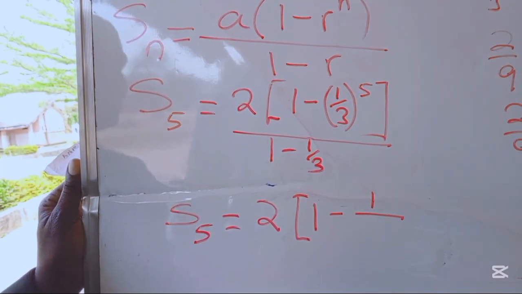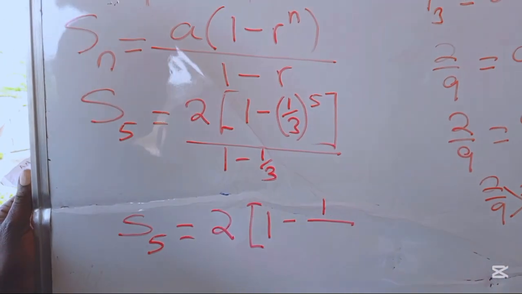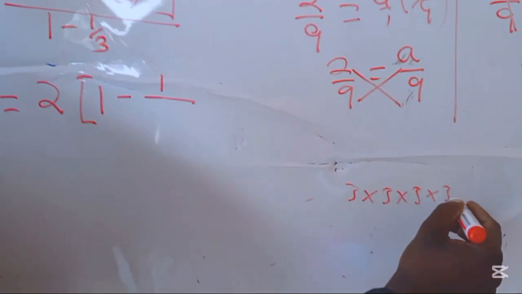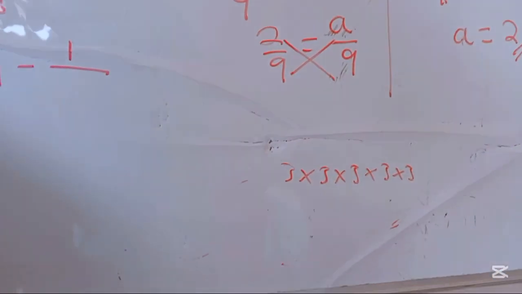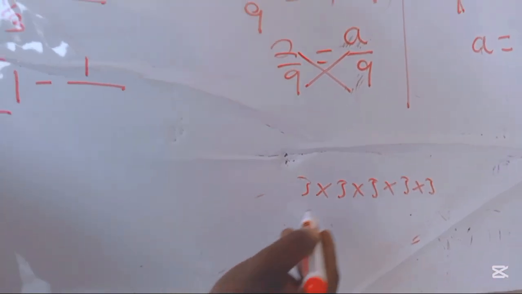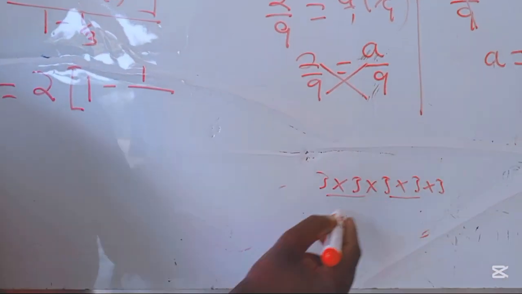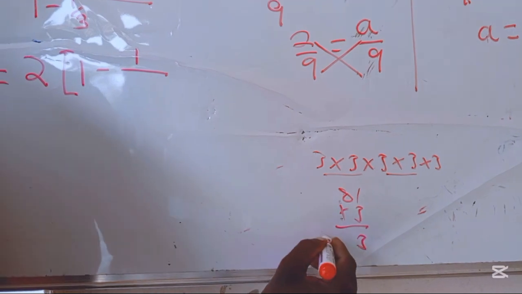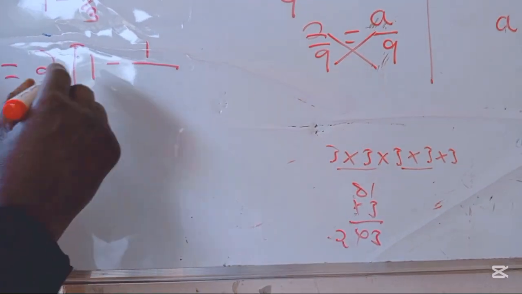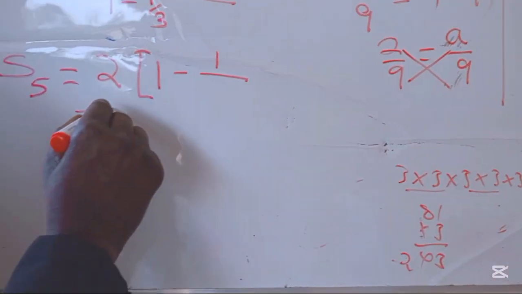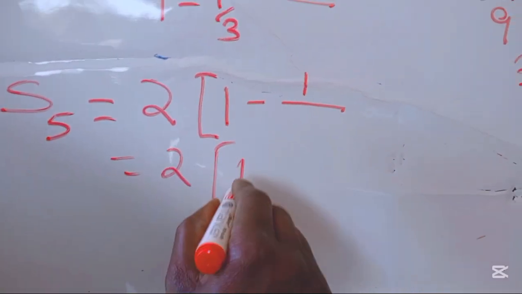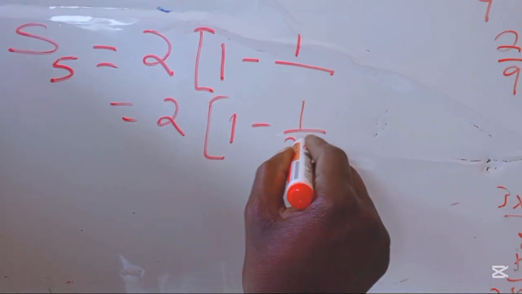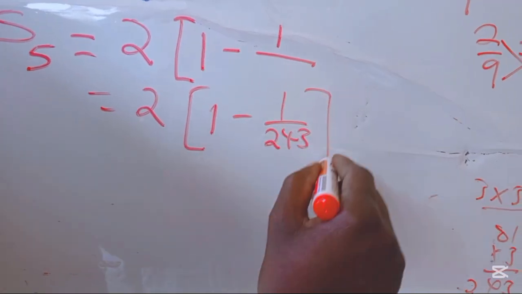If you multiply 3 times 3 times 3 times 3 times 3 with a calculator, don't waste your time. This is 243. You are going to use a calculator, but here I just want to show you something.